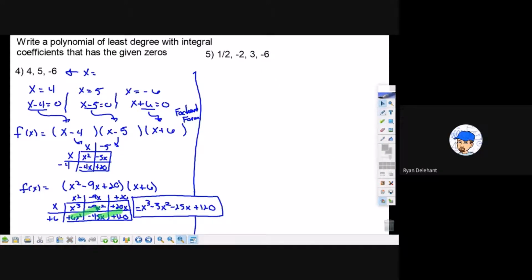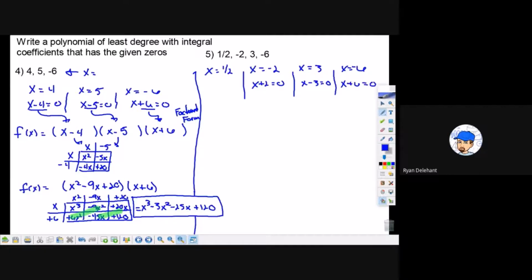It's got 4. One reason I do want to talk about this is I want to talk about this 1/2. So let's write them all out and we'll figure out what goes inside our parentheses. So let's do these other ones and do the 1/2 at the end. These are easy. This is x plus 2, x minus 3, and x plus 6.